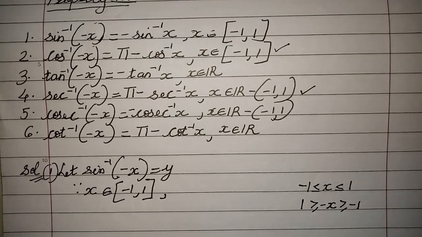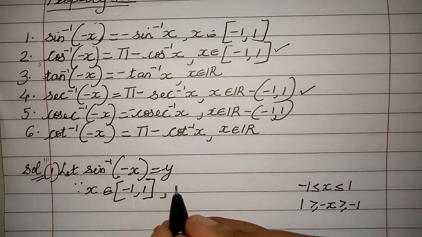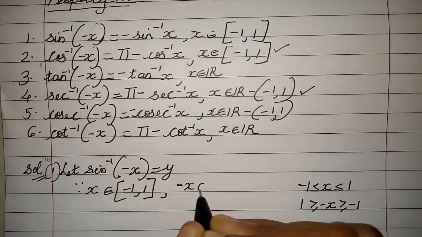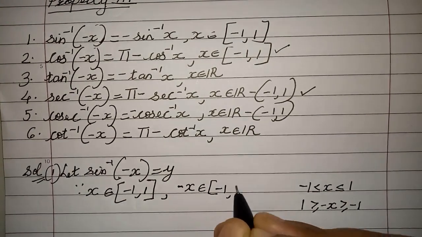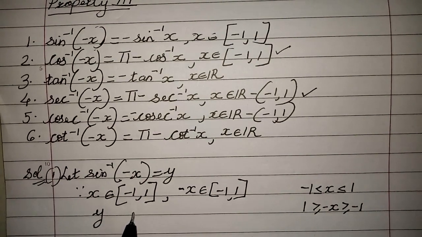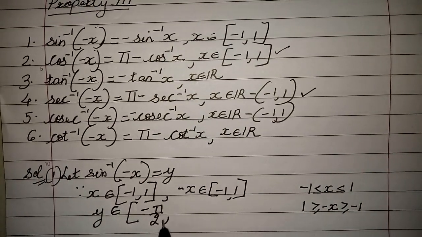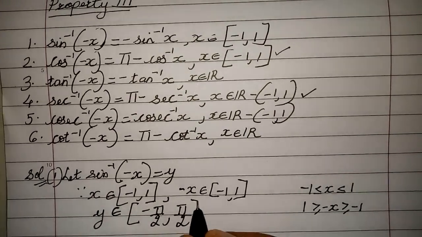Even if I multiply by minus, the range of minus x is the same. So minus x also belongs to the closed interval minus 1 to 1. And yesterday we have seen that for such a choice of domain, y belongs to the closed interval minus pi by 2 to pi by 2.